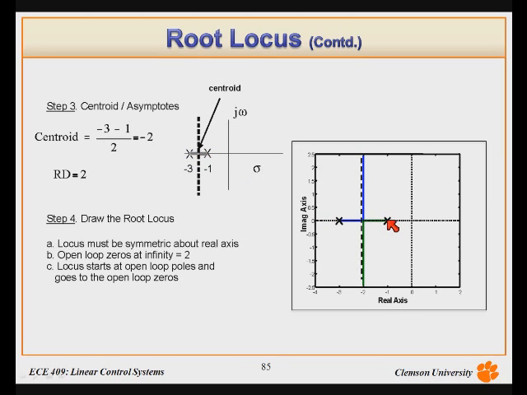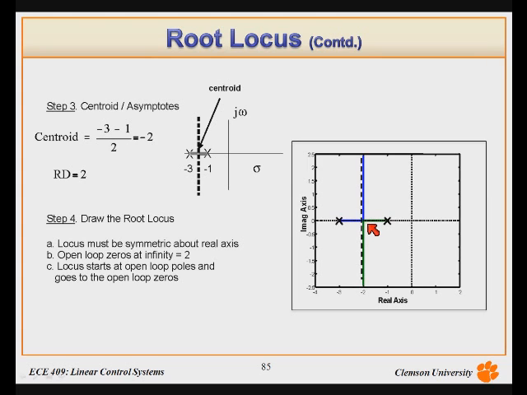So I draw it according to these rules, and it must have this shape. One portion of the root locus starts here at the x and moves here, and the other portion must go here and move straight up. Now you might say, does it really have this corner? Yes, it does.